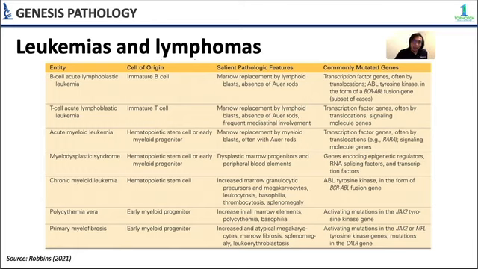It can present with itchiness after showering, that's your aquagenic pruritus. Primary myelofibrosis can have JAK2, MPL tyrosine kinase genes, or CALR genes. Textbook-wise, in primary myelofibrosis we see dacrocytes or your teardrop cells.